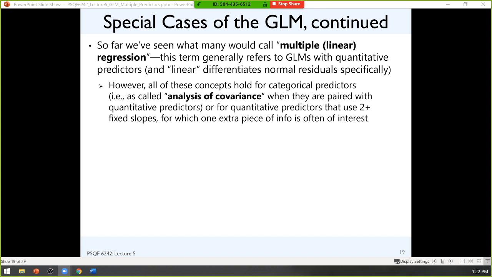So that's why I tend to see that they're not as useful. So we're doing multiple regression. Sometimes people throw the word linear in there, and that differentiates it from regressions that predict other kinds of outcomes that are not quantitative. Because you can predict any kind of outcome, you just need a different type of model to do that.